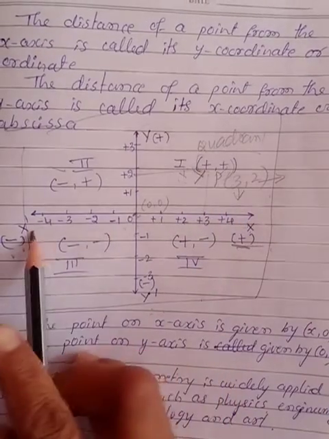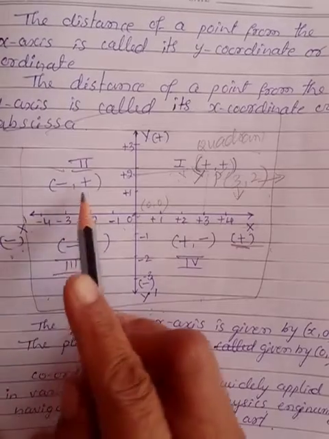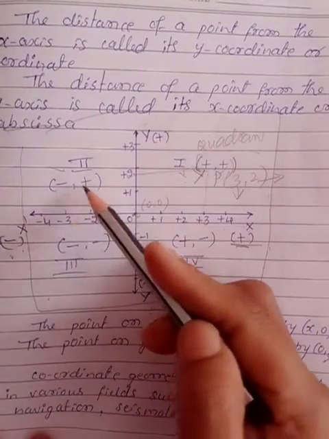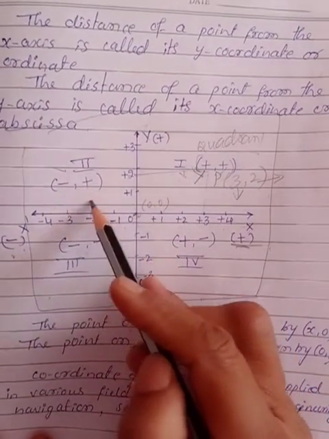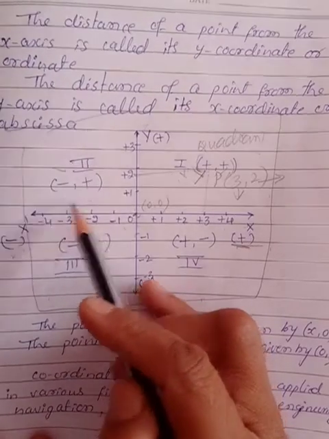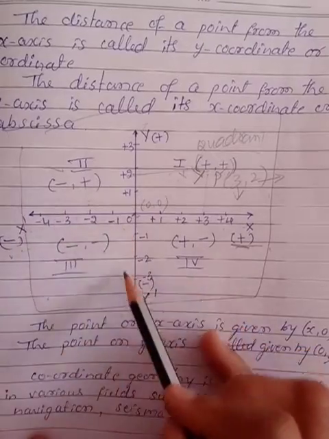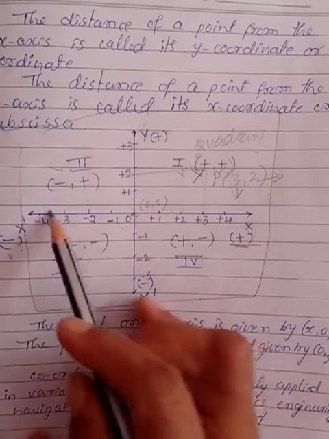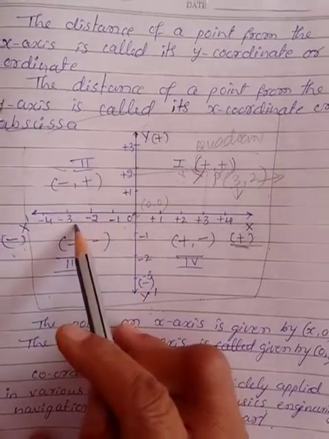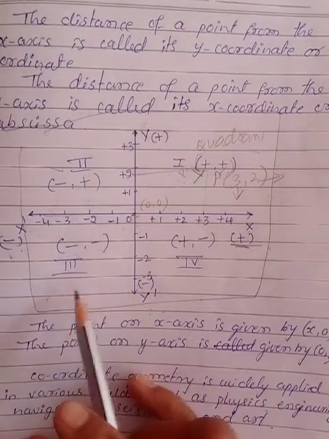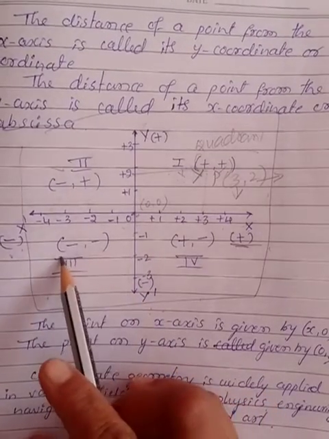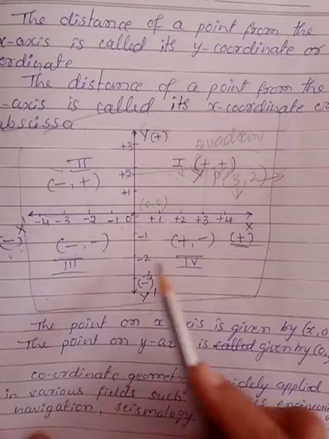Here, the x value is negative whereas the y value is positive. So the signs of the second quadrant are minus, plus. The third quadrant is this part. Here also minus, here also minus, so the signs of the third quadrant are minus, minus.